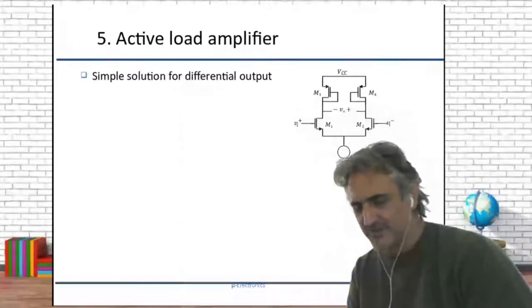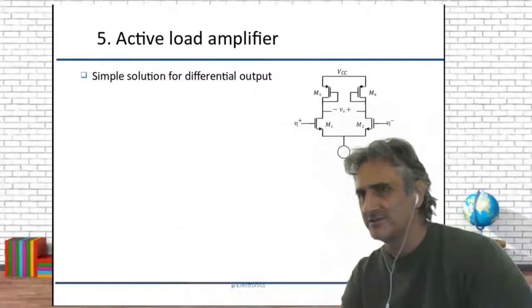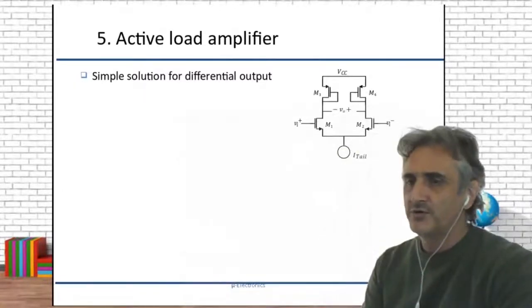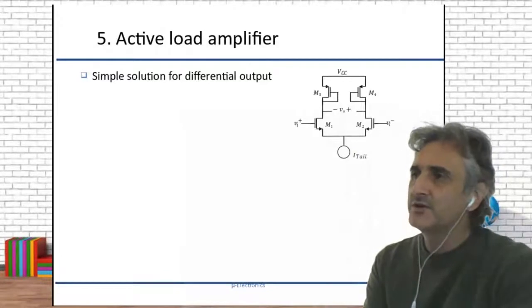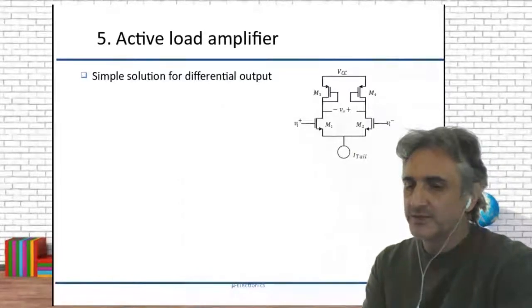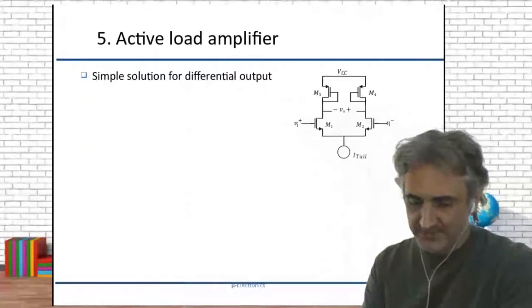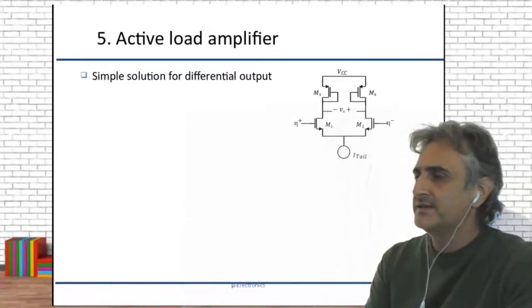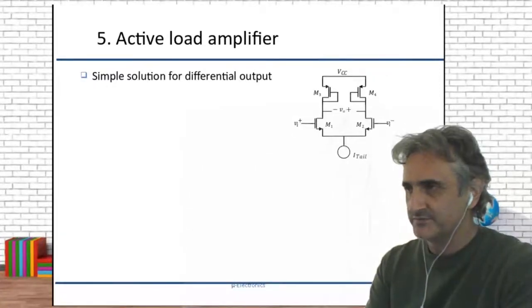Resistors are bad when you are talking about integrated circuits. So we need to look for other alternatives. The first solution is using, for instance, 2 transistors instead of 2 resistors. We put them in this kind of configuration, and they are acting as active resistances, as active resistors.